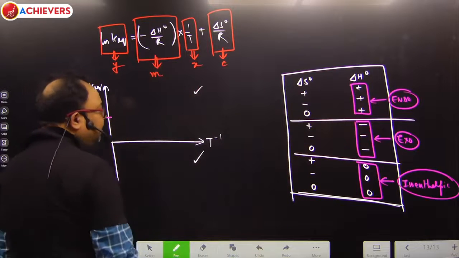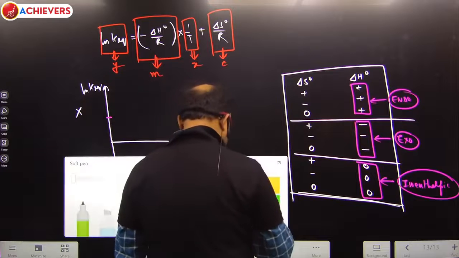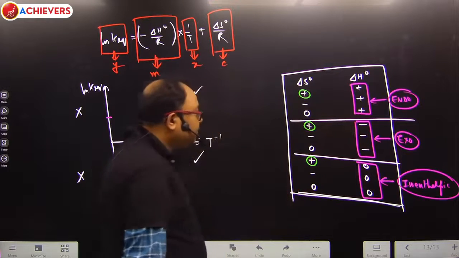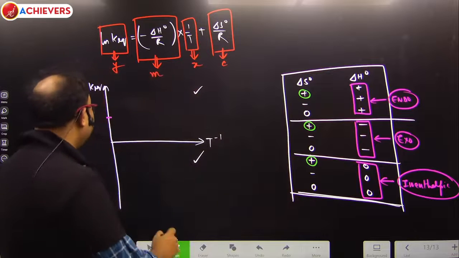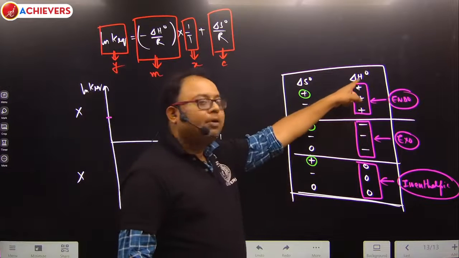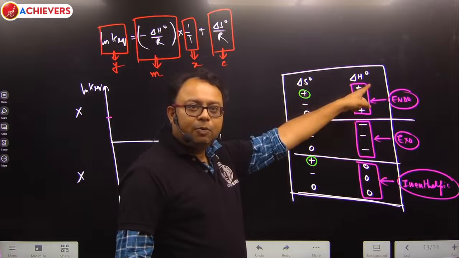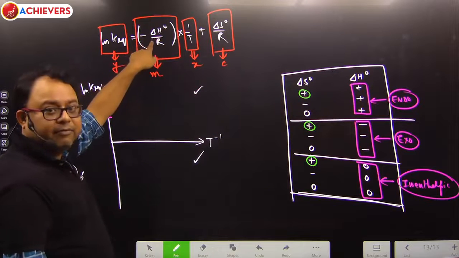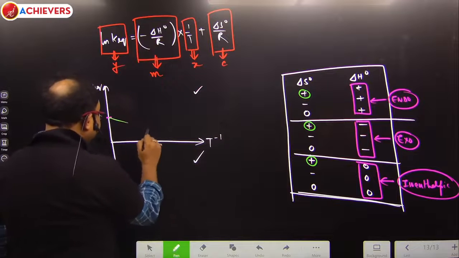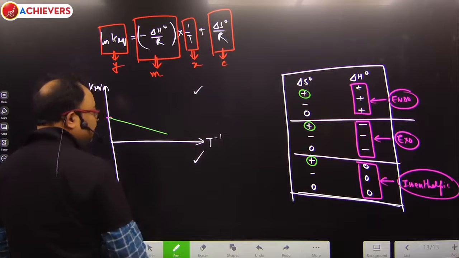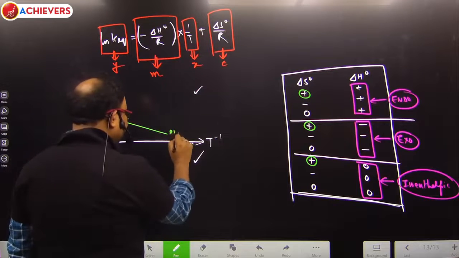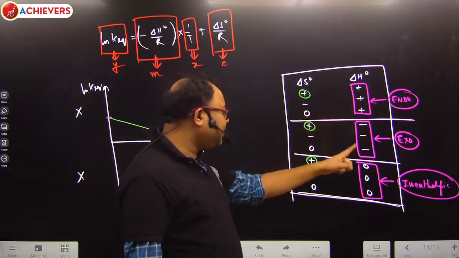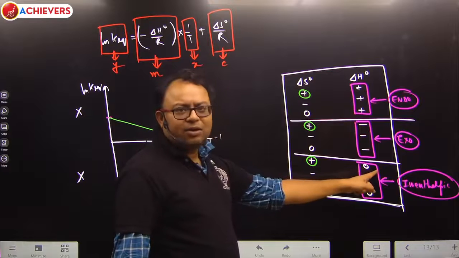So for positive delta S naught, you can have delta H naught positive. If delta H naught is positive, then there is a negative sign in front, so the slope becomes negative. So this is for endo. For isoenthalpic, delta H naught is 0.